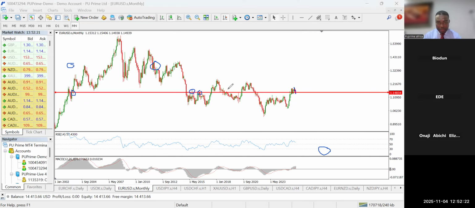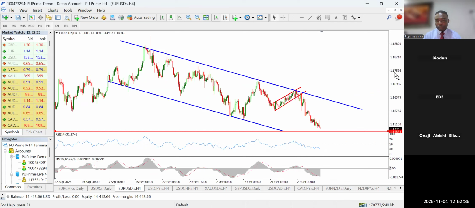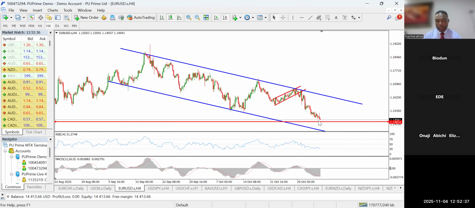It's actually a point of interest over the years. Price has reacted at this particular level, so it can act as a support. So it's possible we may experience at least some slight retracement on the Euro USD.